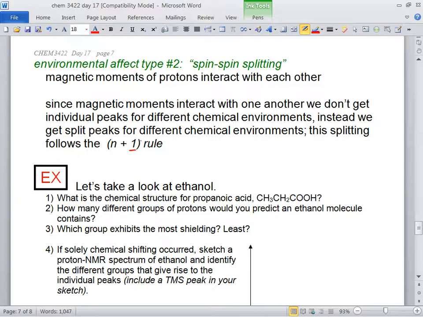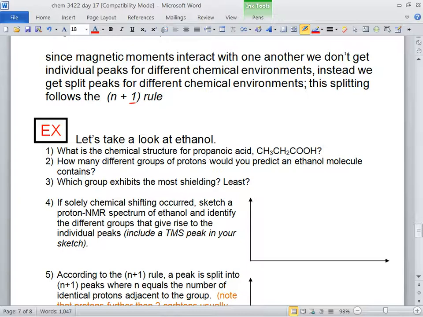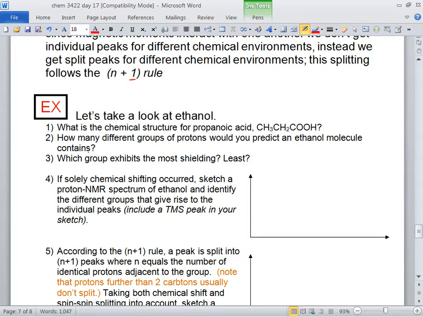Okay, let's take a look at ethanol. Now I'm asking, what is the chemical structure for propanoic acid? It's not ethanol. That's okay.